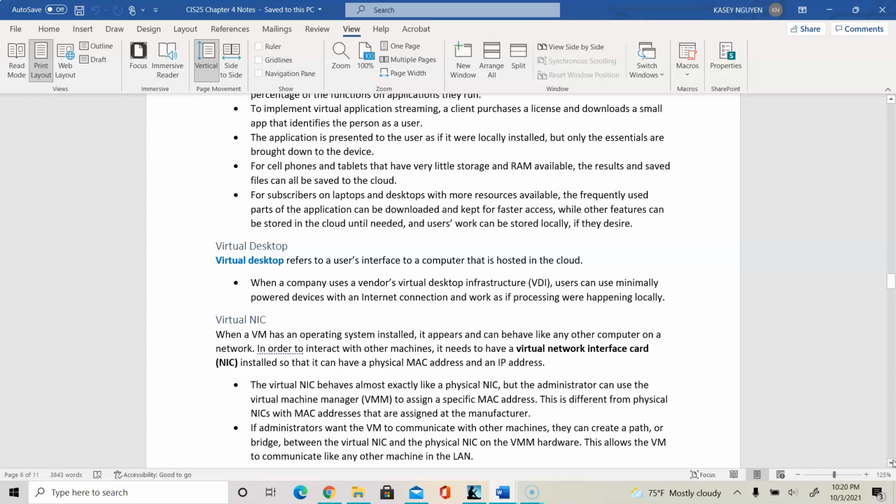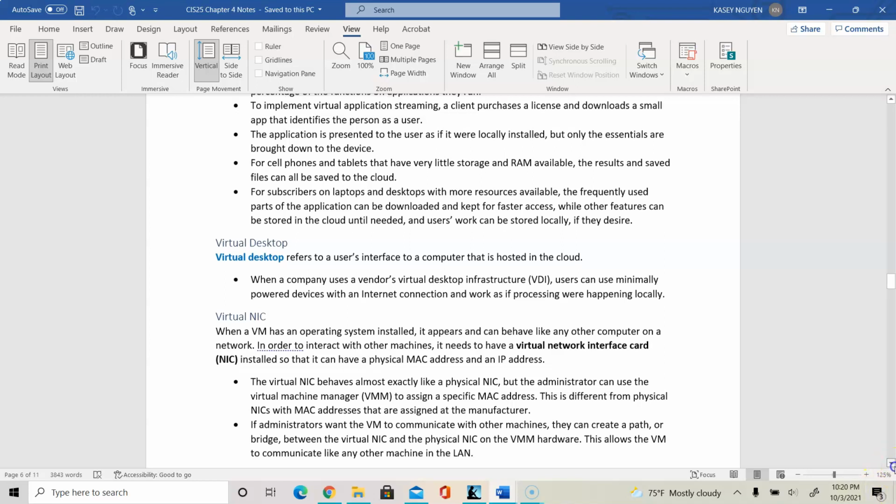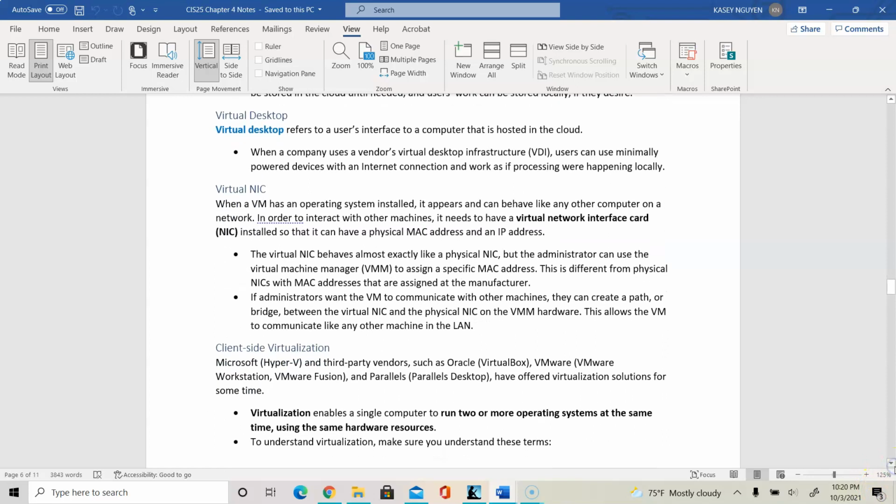So it sees itself as two types: at the software level and at the hardware level. So then you would be able to connect to the physical NIC and be able to communicate via the network interface card. Client-side virtualization products of this kind would be your Microsoft Hyper-V, Oracle VirtualBox, VMware, and VMware Fusion.